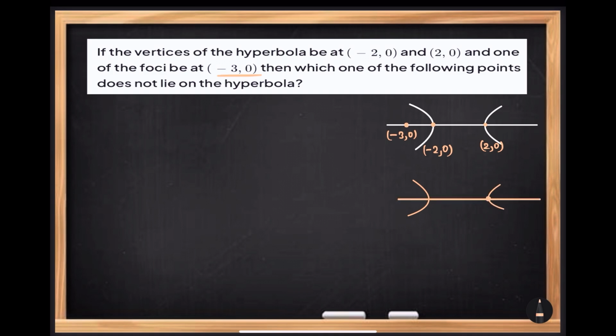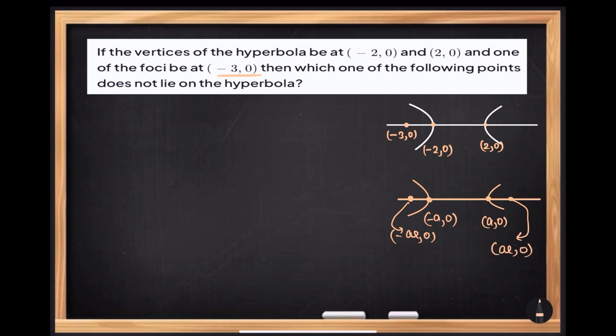So if it is a vertex, it should be a comma 0, minus a comma 0. Also this thing will become minus of ae comma 0, and this thing will become focus plus of ae comma 0.